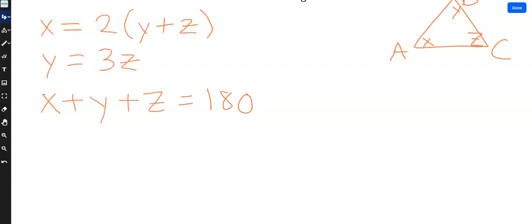All right. So this is going to go in there. Wow, it's also going to go in there. So this would be the same thing as saying 2 times 3z plus 1z.